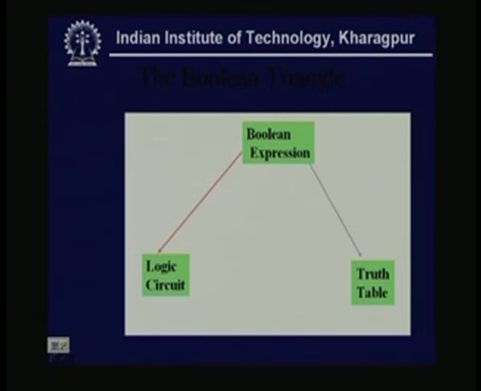What is a truth table? A truth table is the description of inputs and outputs with respect to zeros and ones only, to describe the overall behavior.